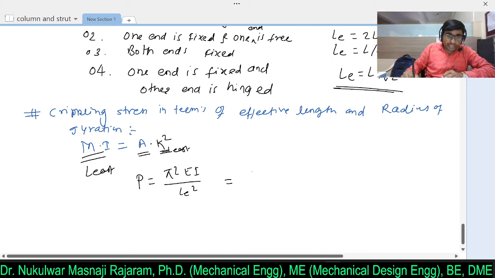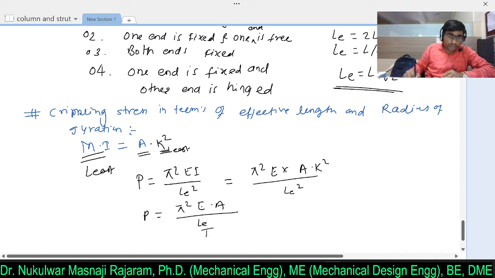Now here I will write, instead of I, pi square E into A into k square divided by L square. Simple. Now here this k square I will divide over here, then I will write the same formula, that will be equal to pi square EA divided by Le by k, whole square.